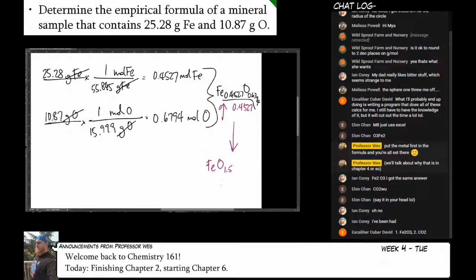Well, I can't have a fraction, so I got to multiply by 2 to clear the decimal. And I get Fe2O3. Congratulations, it's rust. That's not a mineral. That's rust. Wow, wow, wow.